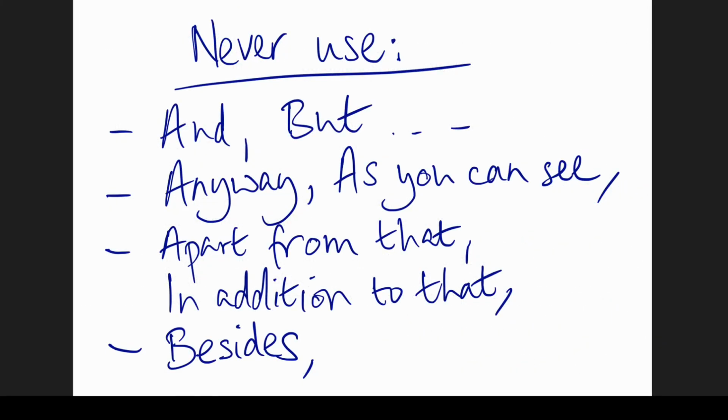Never start a sentence with a simple conjunction such as and, but. I suppose we could also have or on that list. And I think we could also have also on that list. I myself do sometimes start a sentence when I'm writing with also. However, many people think it's not formal enough, so it's best to be avoided.